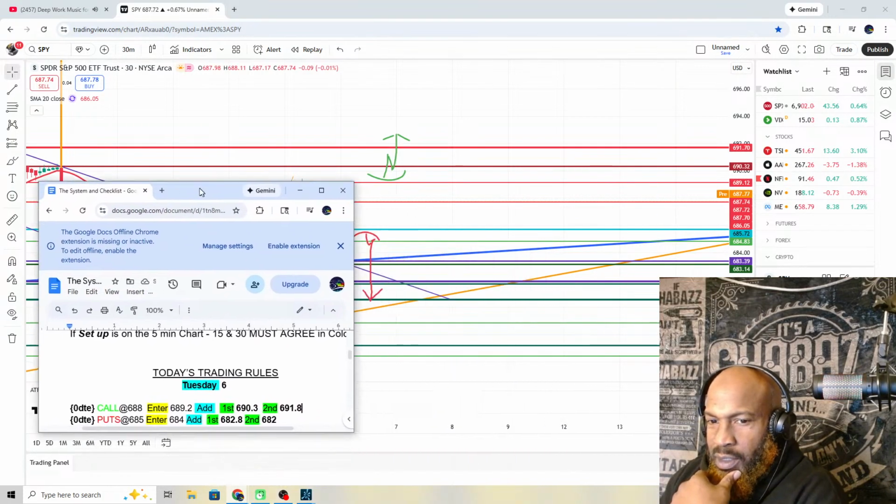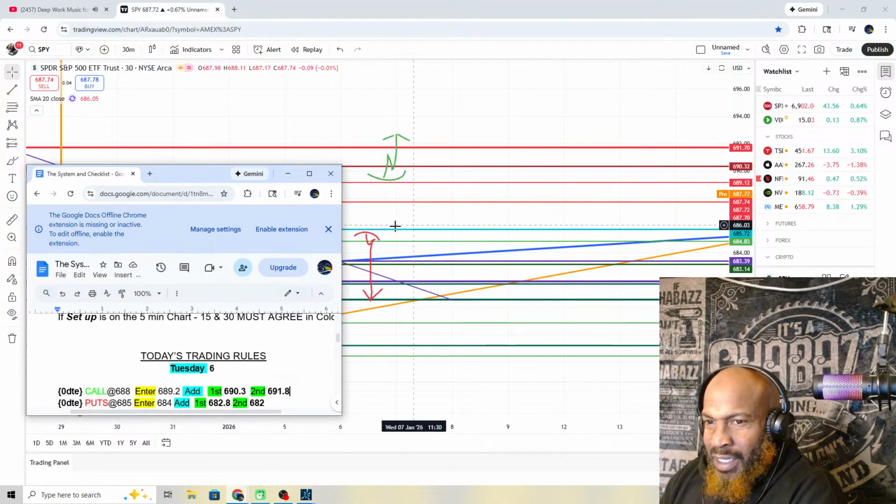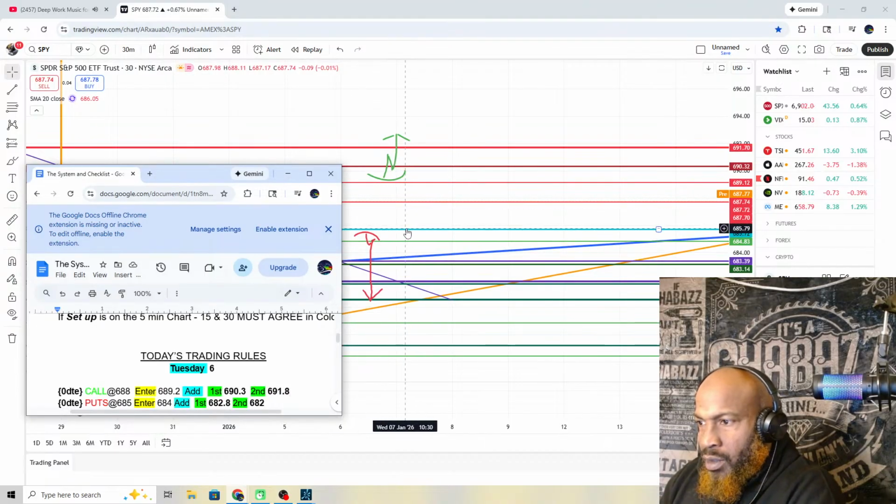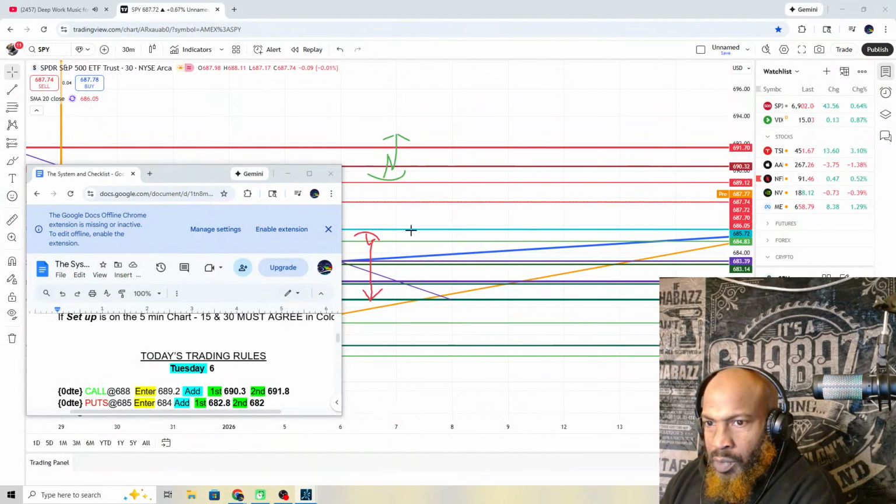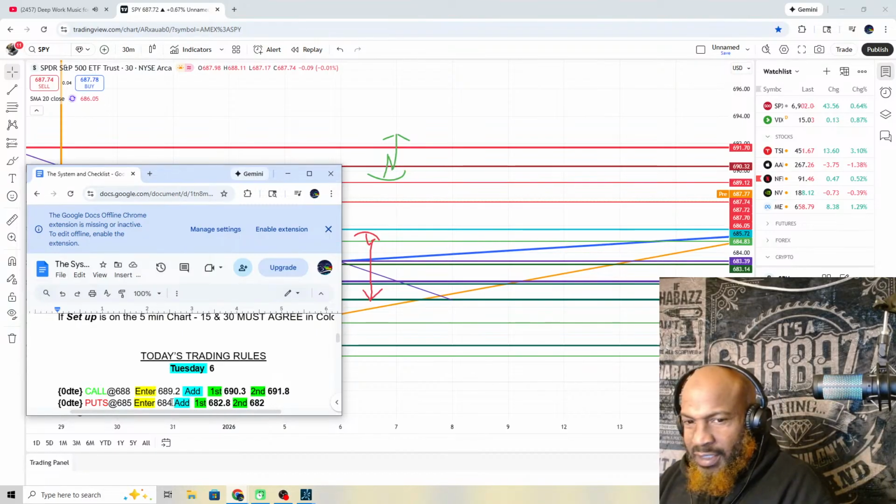For the put, again, I told you guys yesterday that's a white line on my TOS chart, but here it is teal. That's 685.7 area, so I'm looking at a 685.6 area on a 686, possibly 687 put, depending on the price.